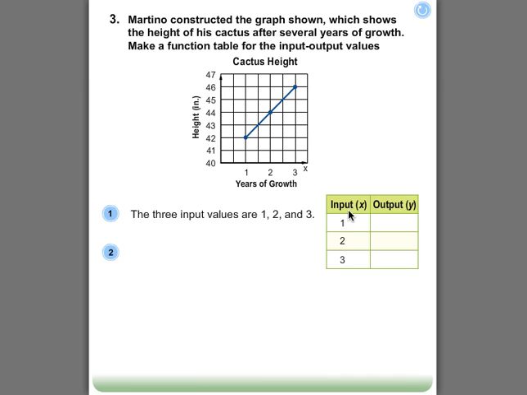So our input values x are 1, 2, and 3. Okay, the corresponding output values are 42, 44, and 46 because we're reading the graph. Over 1, up 42. Over 2, up 44. Over 3, up 46. So our input is the x and our output is the y.